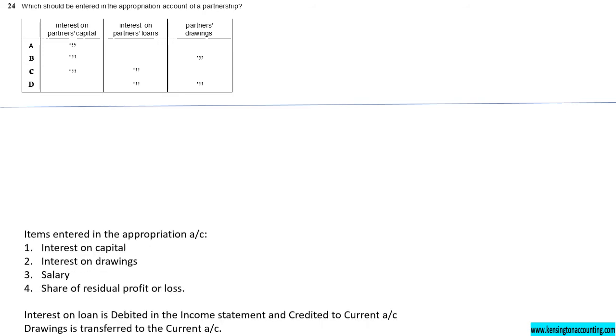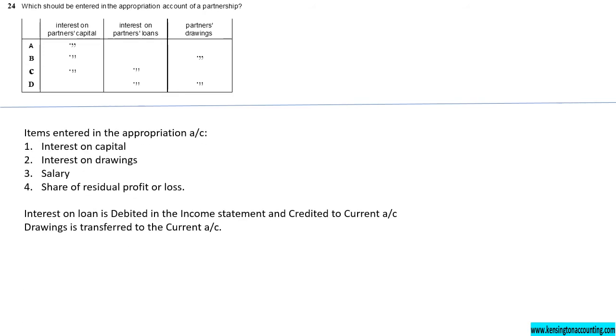Question 24 is about the appropriation account of a partnership. There are only 4 items which go into an appropriation account. That's interest on capital, interest on drawings, salary, and then the remaining profit or loss is shared between the partners.